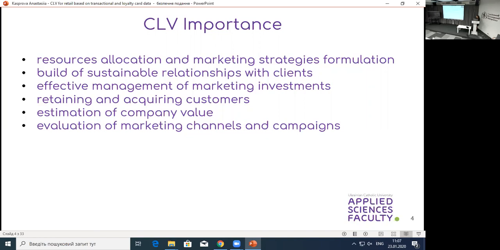So with this metric, we can make the data-driven decision towards resource allocation, marketing strategies formulation, building a long-term relationship with the customers. We can use it for effective management of marketing investments, retaining and acquiring customers. We can use it for estimation of company value and evaluation of marketing channels and campaigns.